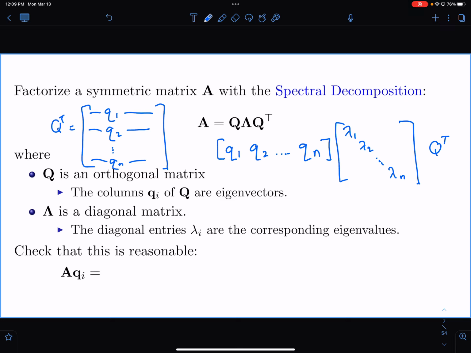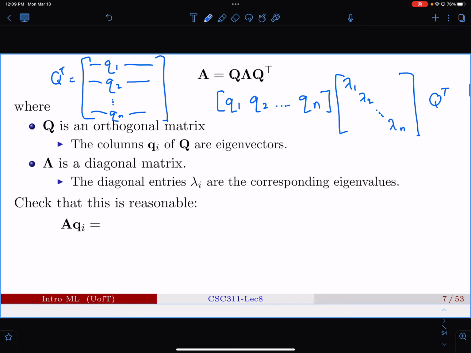And we can check that this definition makes sense. Assuming you have these eigenvectors and eigenvalues, which we know we do by the spectral theorem, you can write A times Qi equals lambda i Qi.